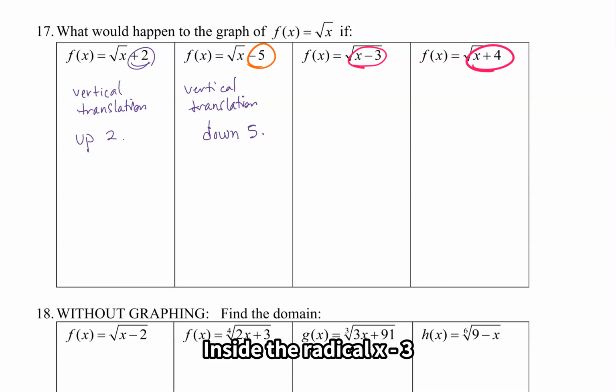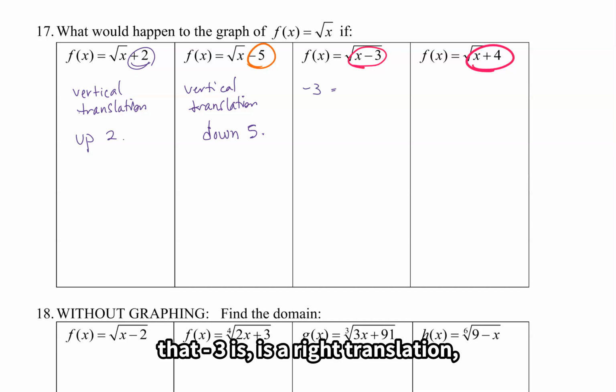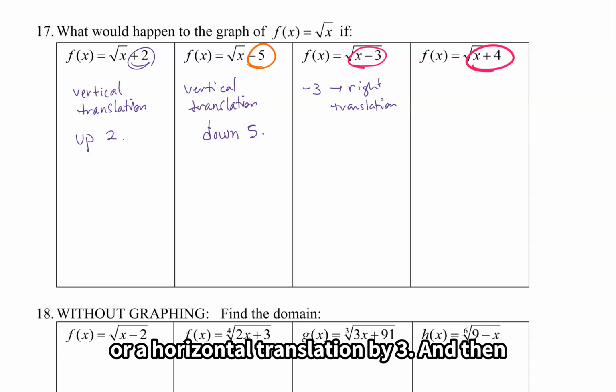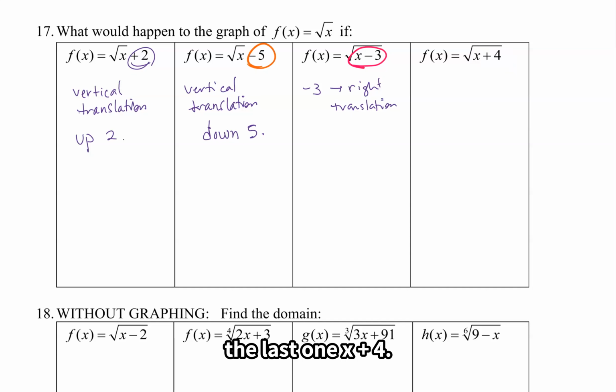Inside the radical, x minus 3, that minus 3 is a right translation, or a horizontal translation by 3. And then the last one, x plus 4.